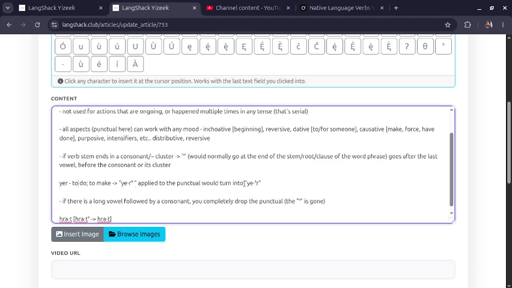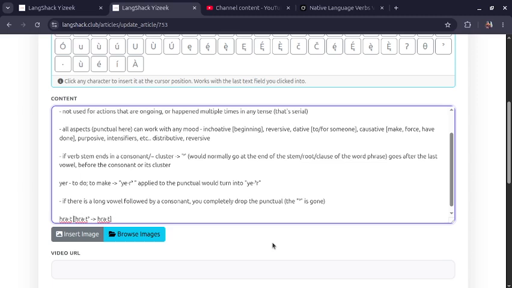But in this case, hrot for counting is not. There's no long vowel in yer. There is one here. Okay, so in this one we would have hrot, and then it would just become hrot.